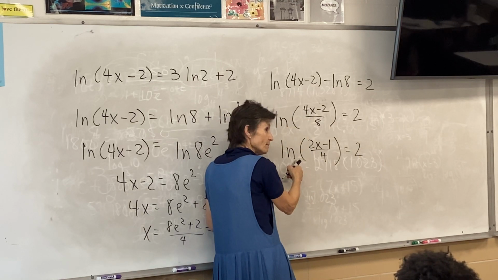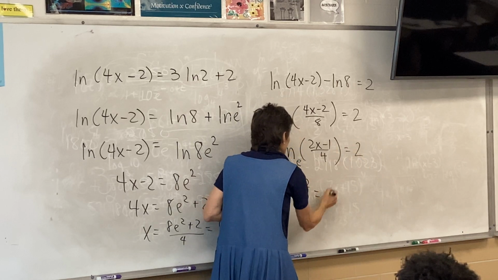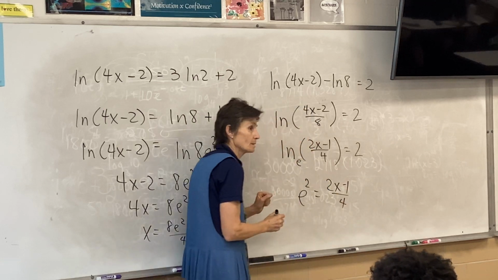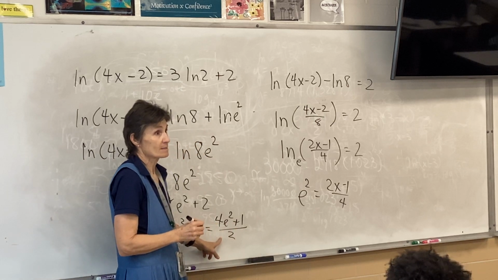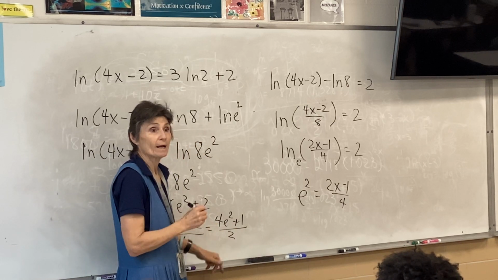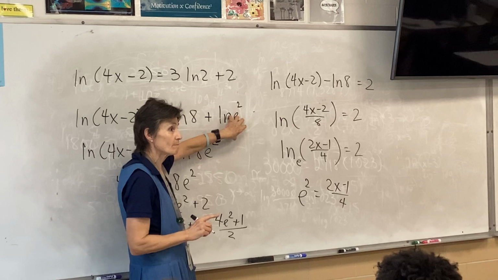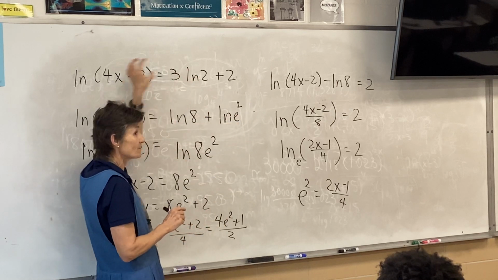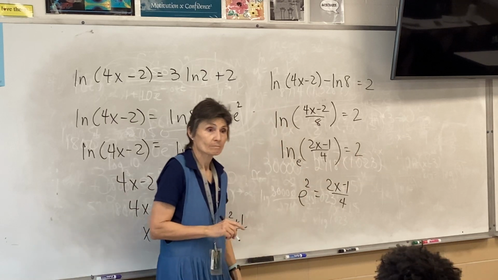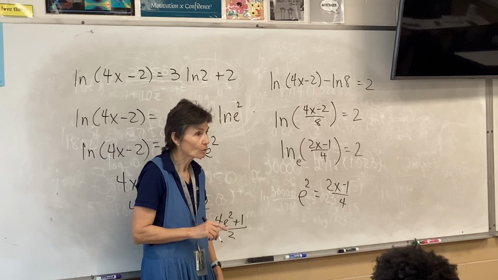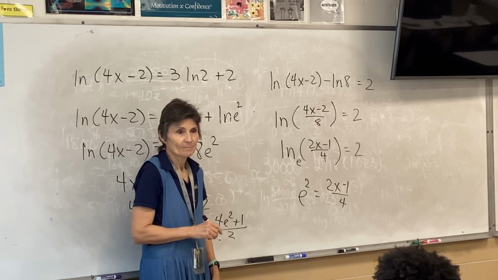Now, what's the base right here? e to the second equals 2x minus 1 over 4. And when you solve for x, guess what's going to happen? You're going to get this, right? So you can do it either way. But you have to deal with that 2, one way or the other. So you can rewrite it, or you can move this over and that 2 then becomes an exponent. Got it? Sydney? Or whoever asked me this question, I don't remember. Was it you? Okay, sorry. Here you go. All right.